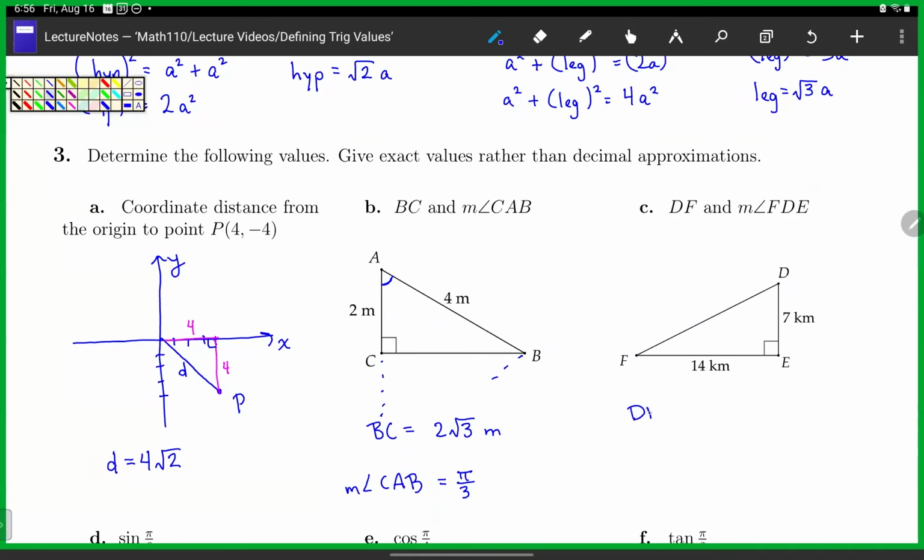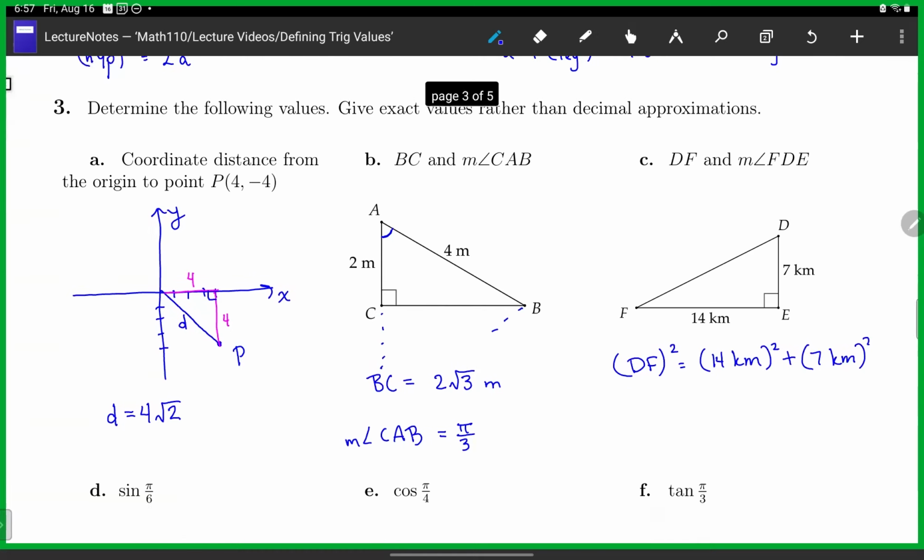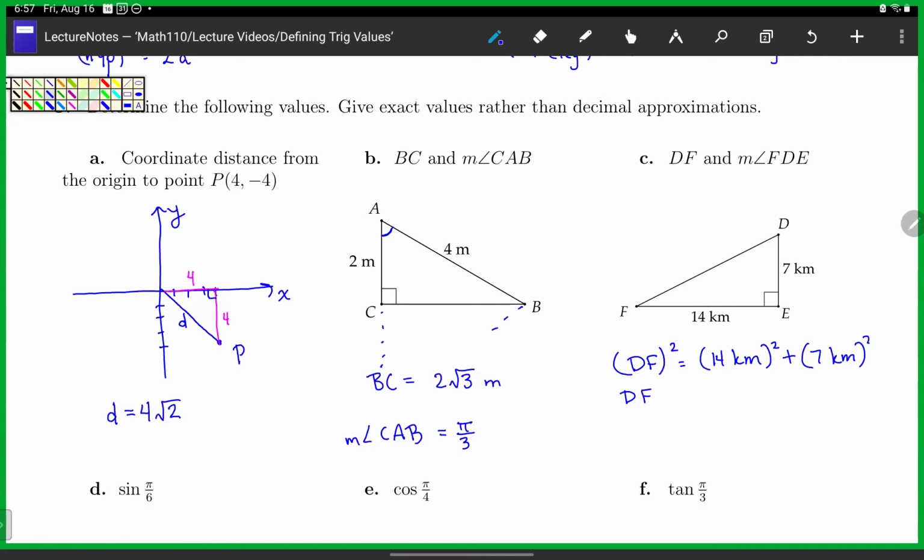So DF squared is 14 kilometers squared plus 7 kilometers squared. So DF is going to be the square root of 245 square kilometers.